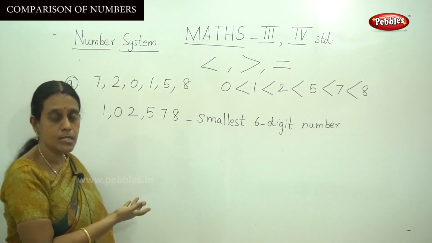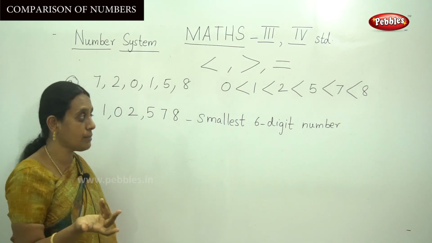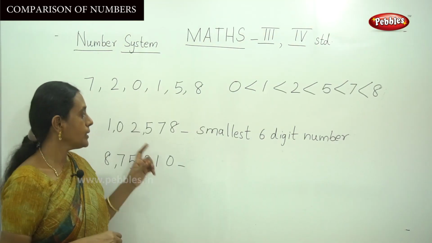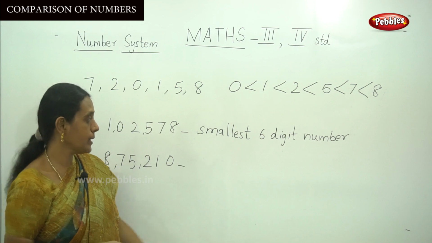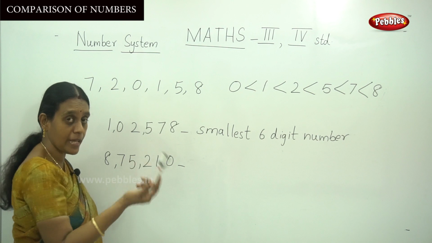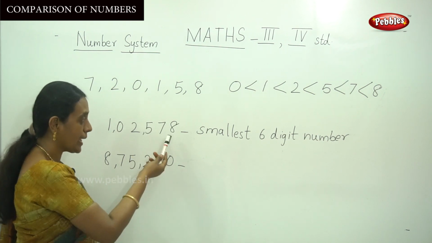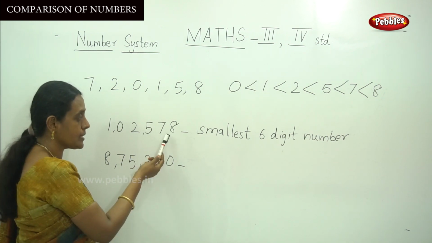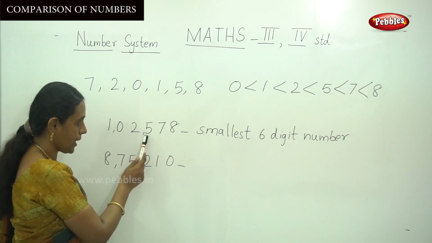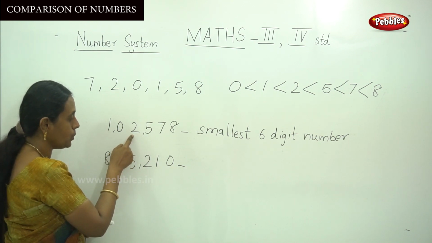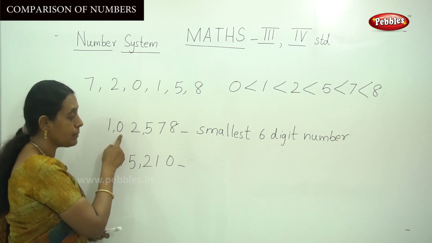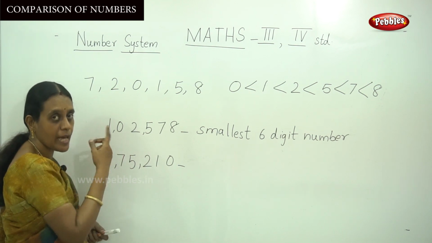Now we can arrange the greatest 6-digit number. We can arrange it very easily, because we can write the number backward. That is 8, 7, 5, and then 2. Again we put 1, and 0 is the last digit, because starting with 0 should be avoided as it has no value.